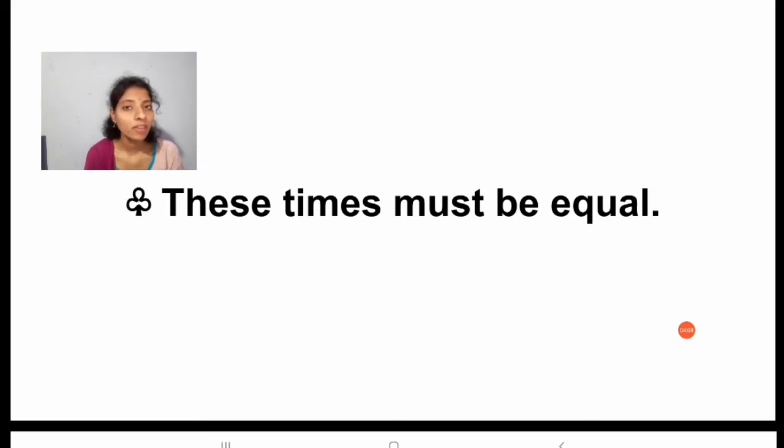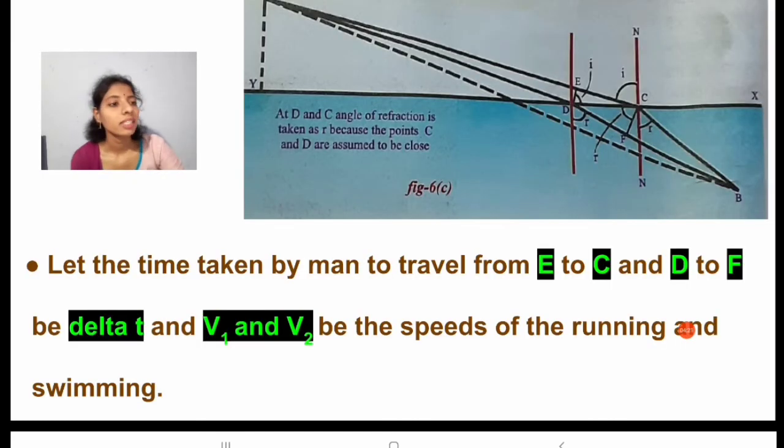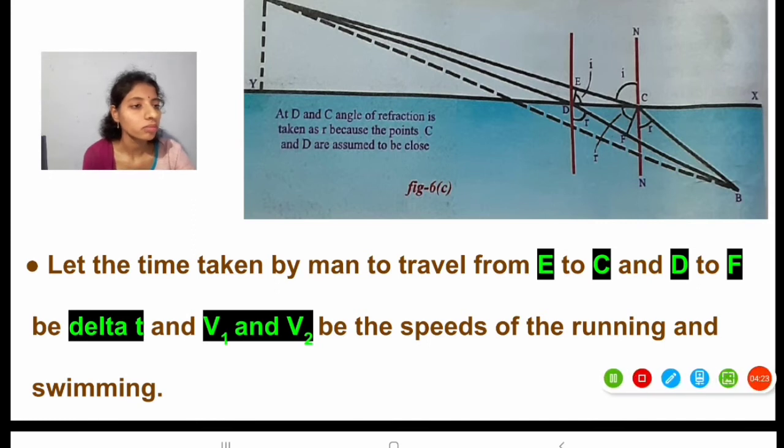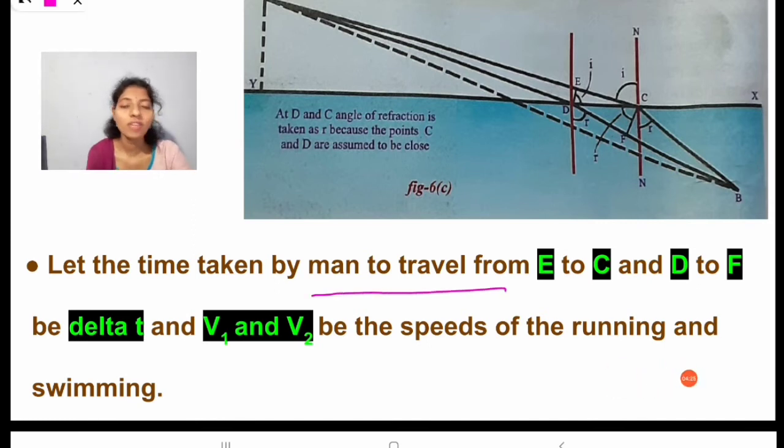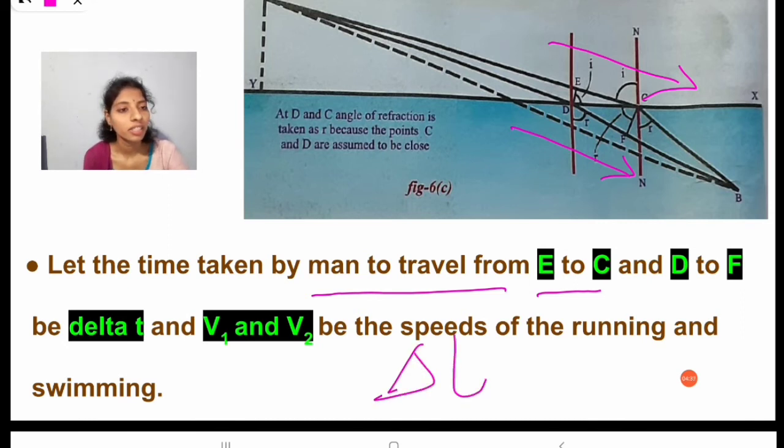When we travel from E to C on land, or otherwise travel in water from D to F, both the times must be equal. So let the time taken by the man to travel from E to C and from D to F be delta T, and V1 and V2 be the speeds of running and swimming.